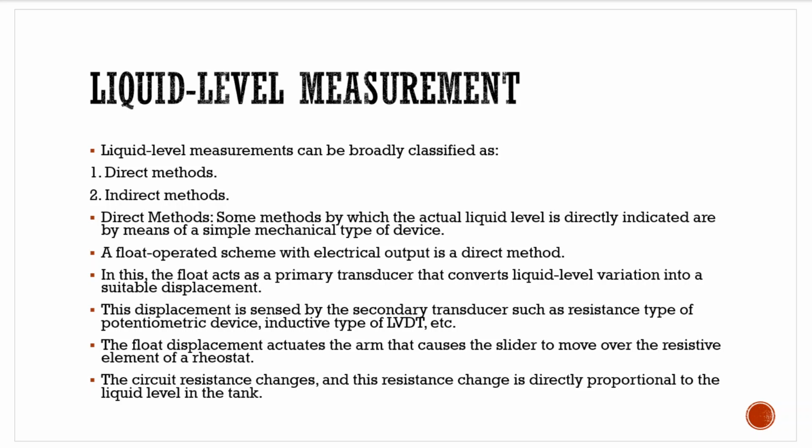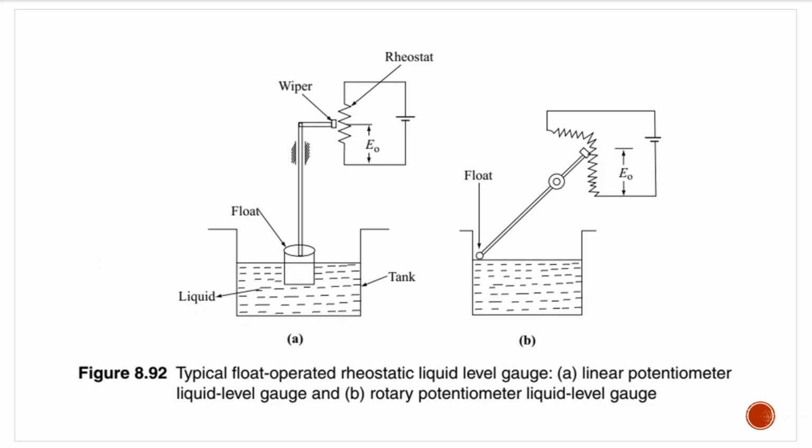Attached to this will be a secondary transducer, either a potentiometer or an LVDT, sensing that displacement of the fluid. Whatever the proportional variation in resistance or inductance, that will give us the indication about the change in liquid levels. This is the direct method.